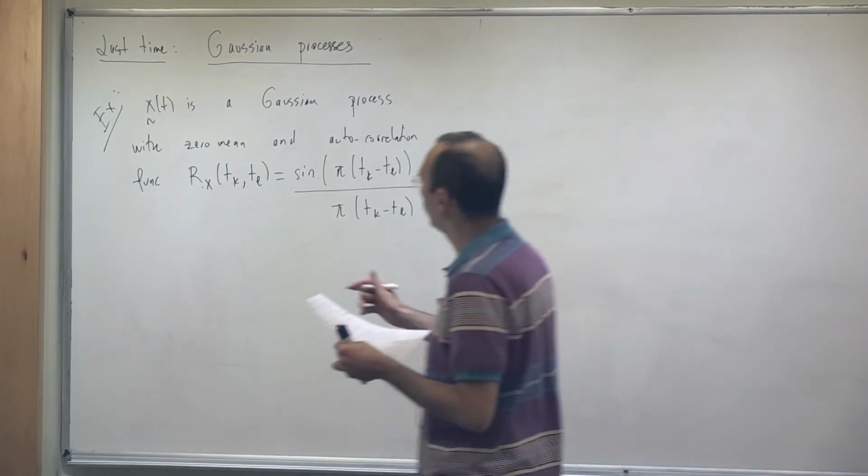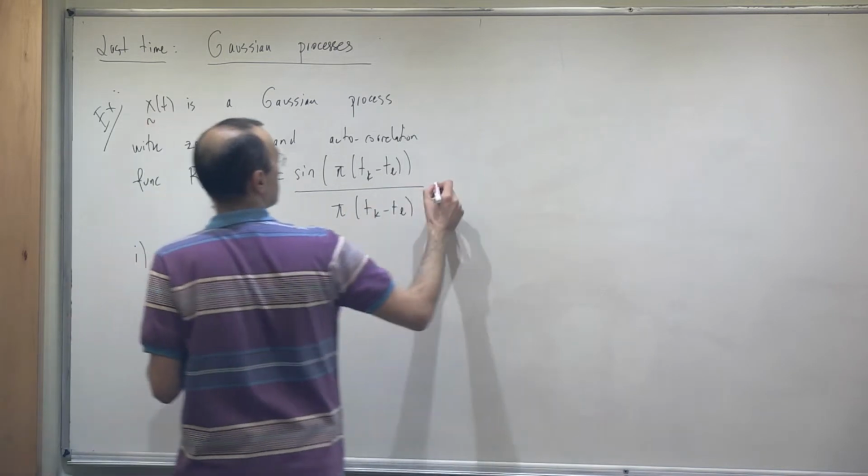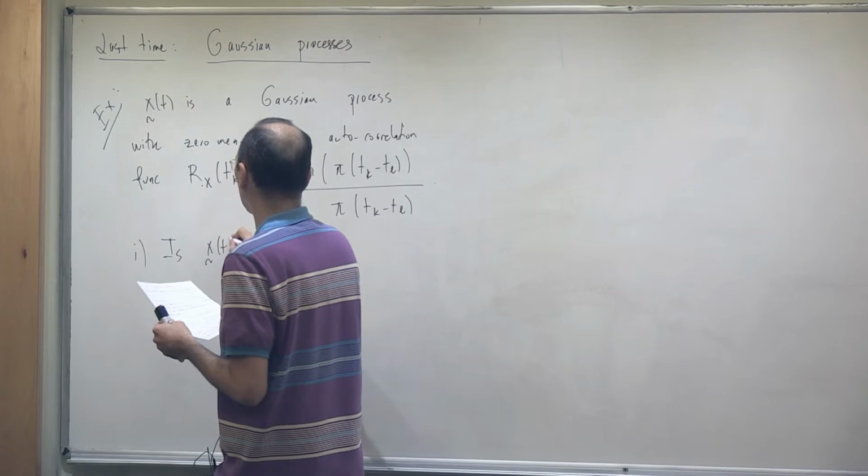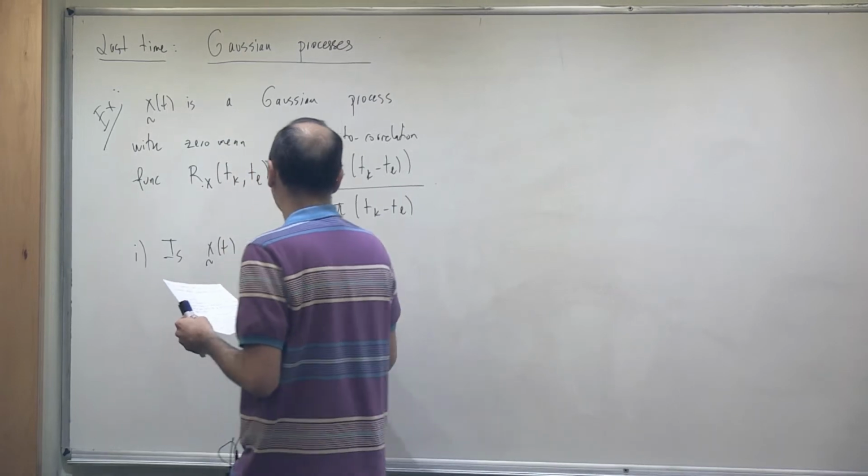Now, the question is, part number one, is x of t, this random process, white and stationary?